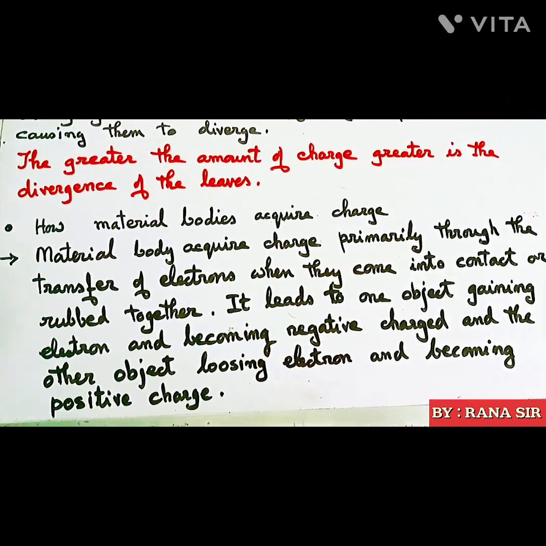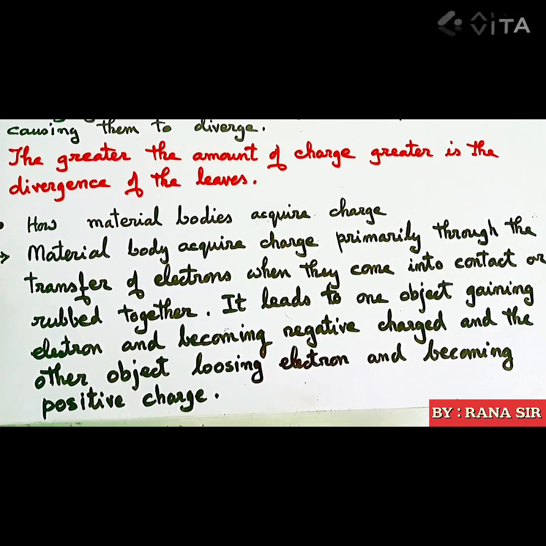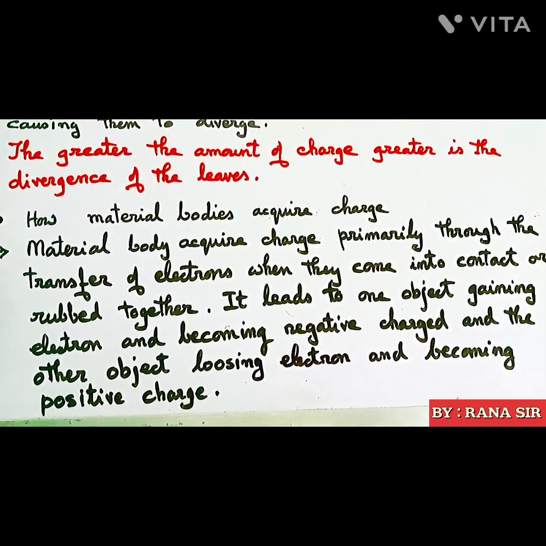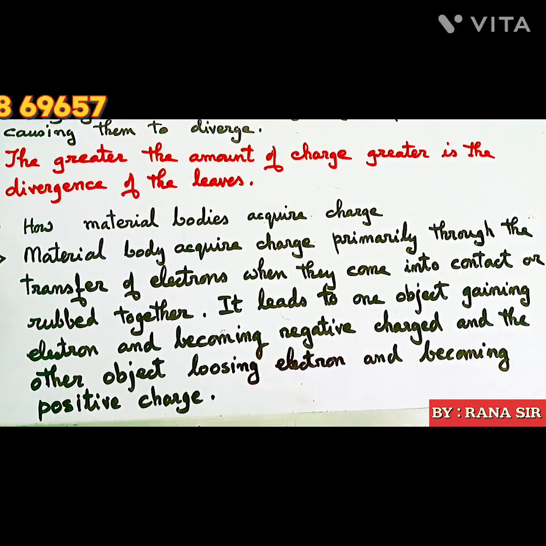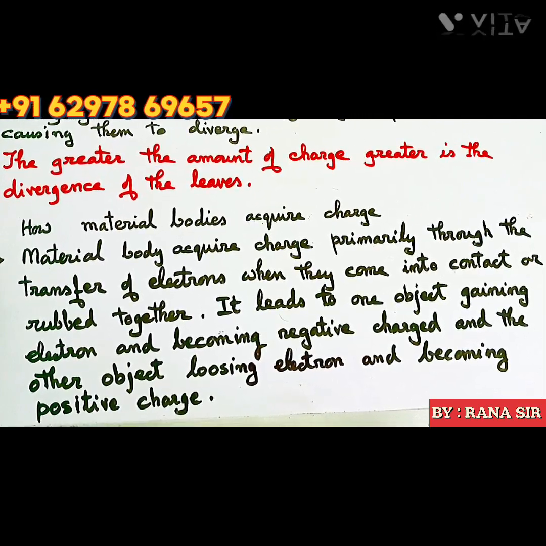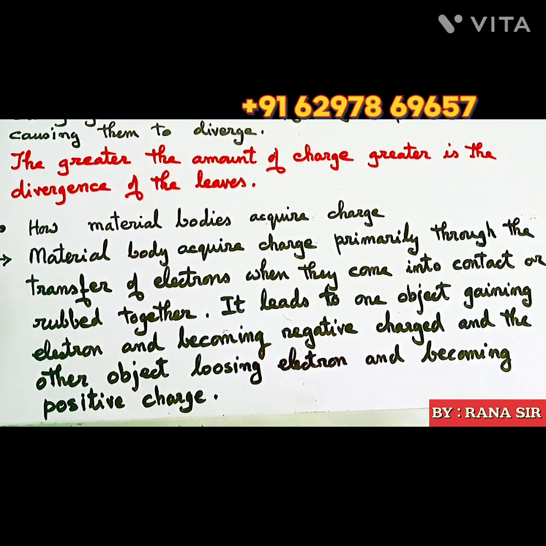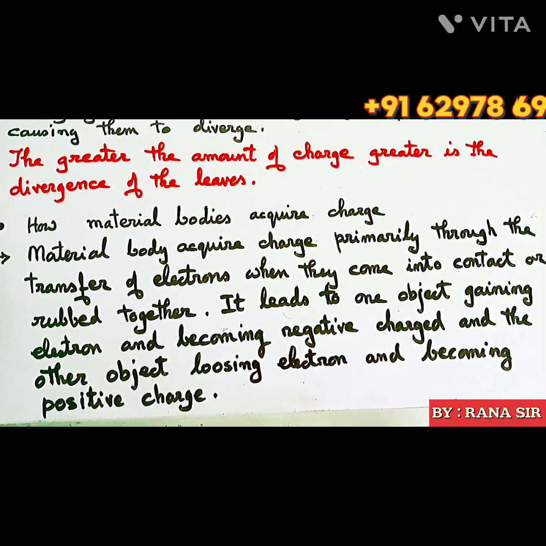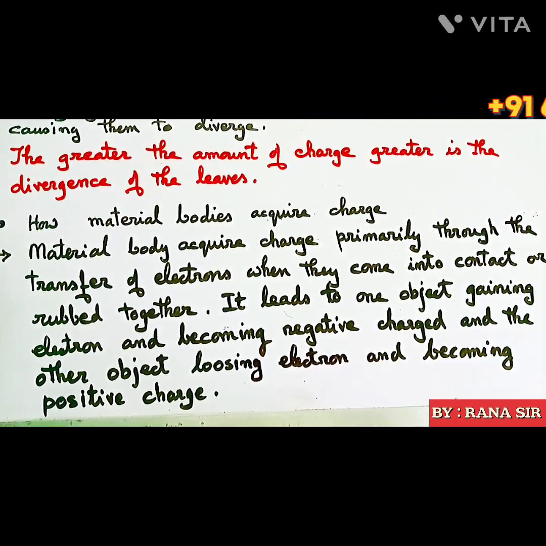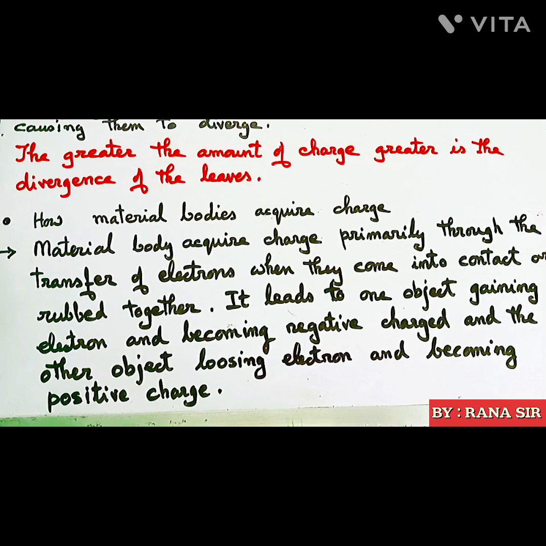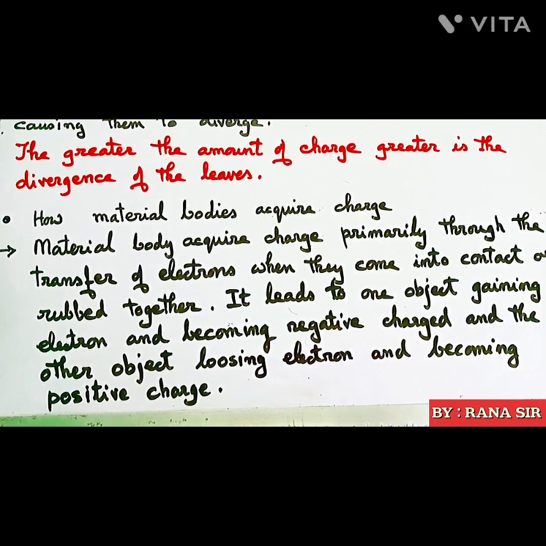Material bodies acquire charge primarily through the transfer of electrons. When they come into contact or rub together, it leads to one object gaining electrons and becoming negatively charged, and the other object losing electrons and becoming positively charged.